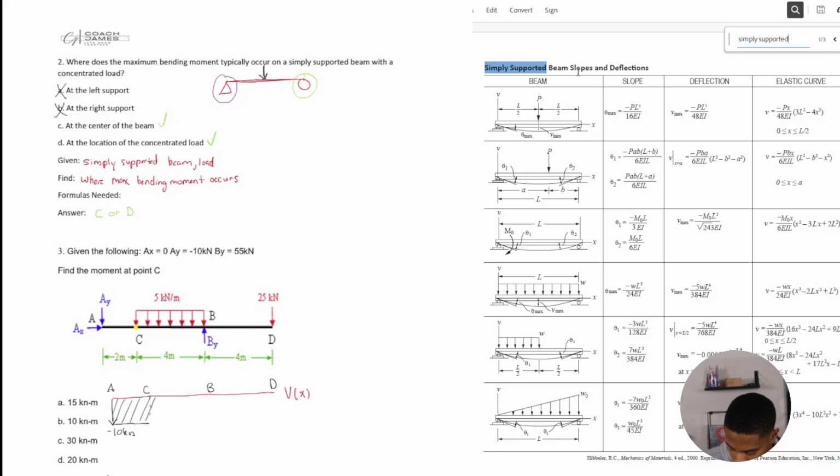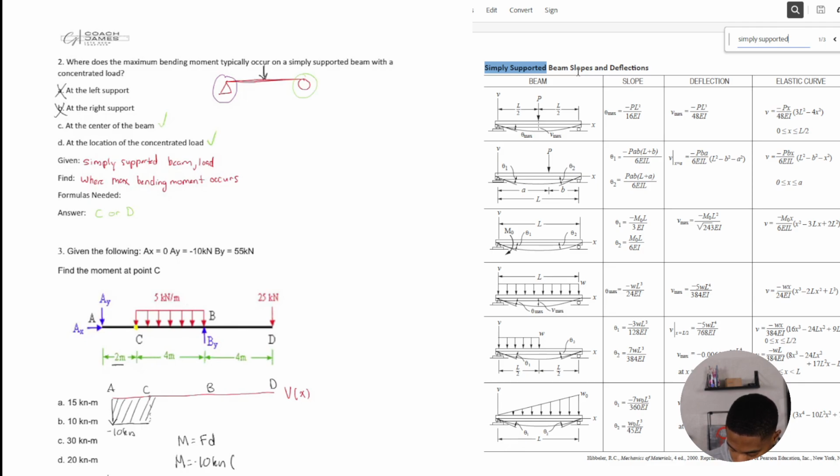So it's always, what's my distance, right? Well, my moment is equal to my force times my distance. Moment is equal to, I was at 10 kilonewtons, so negative, times, what's my distance?